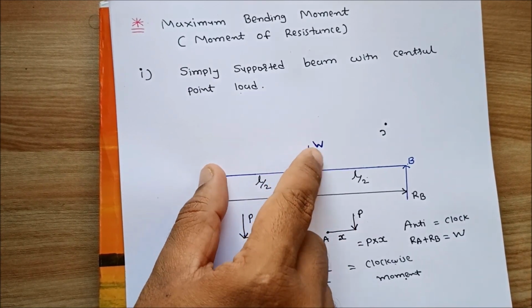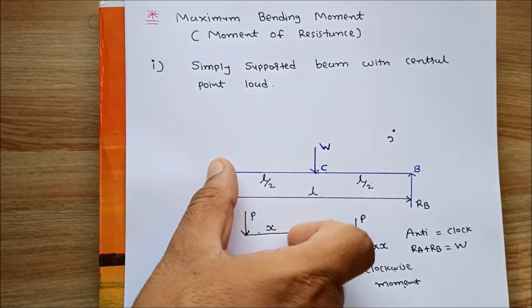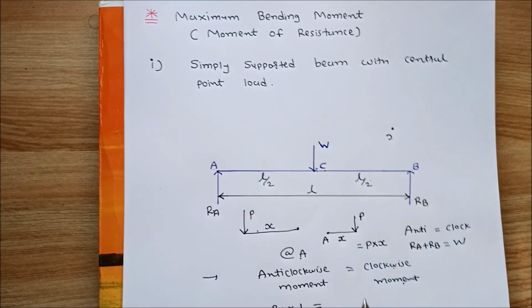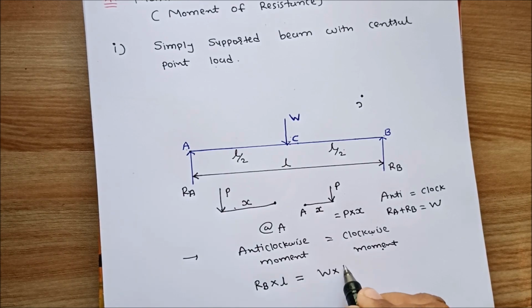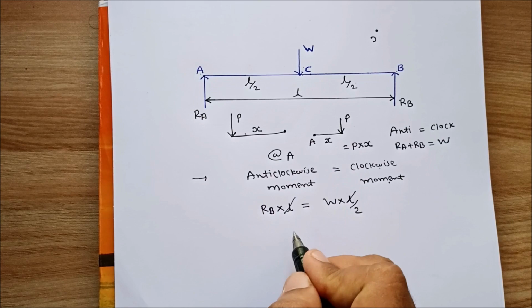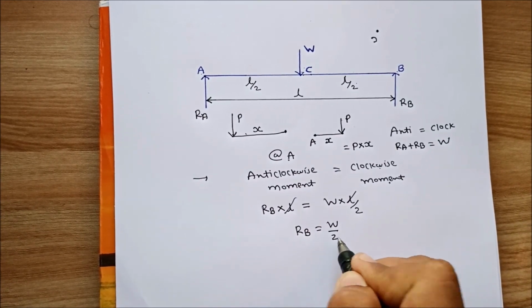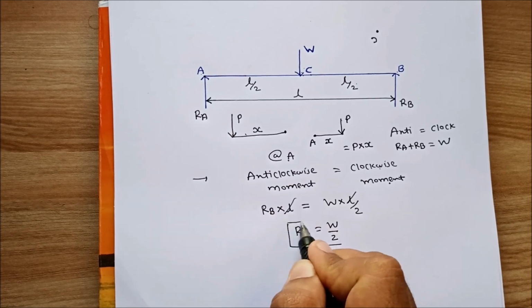The force is W and the perpendicular distance is L by 2. So W multiplied by L by 2. Here L cancels out. So reaction at B, we get RB is equal to W by 2.